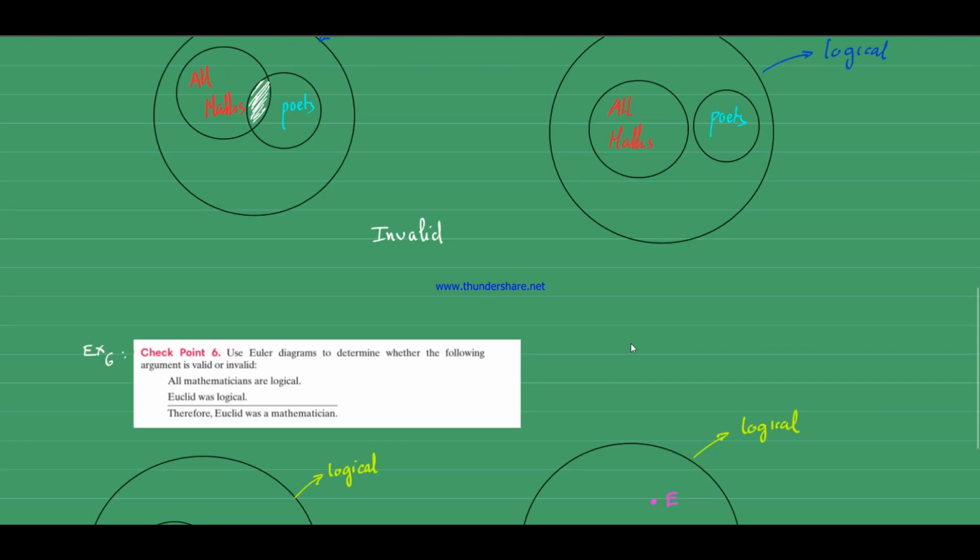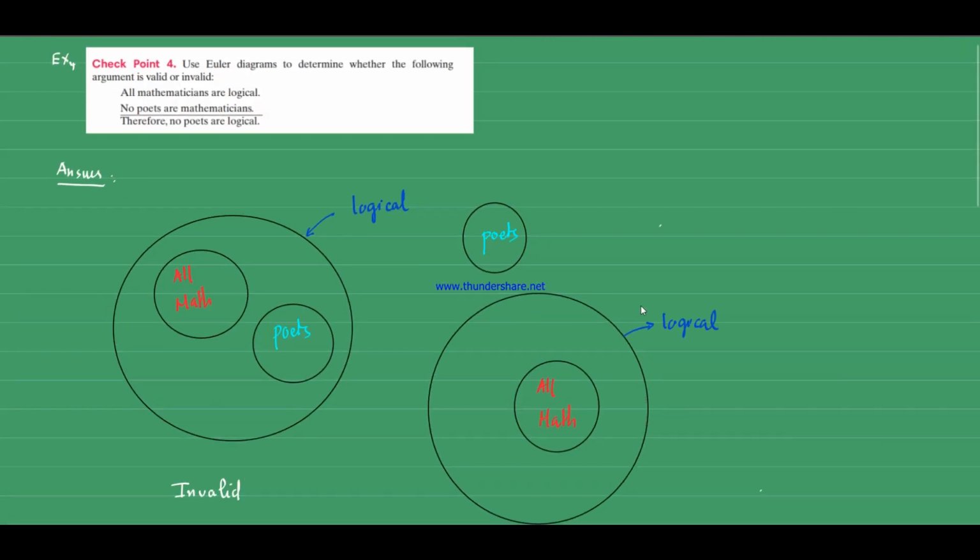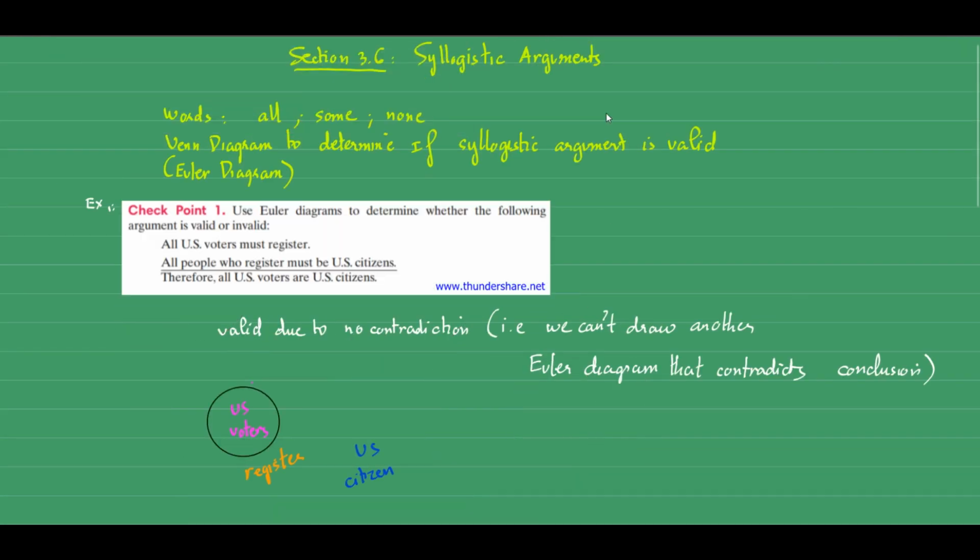Alright, so let's jump to the conclusion. Based on these 6 examples, what we learned is that if we can draw another Euler diagram that contradicts the conclusion, then the whole argument is invalid.